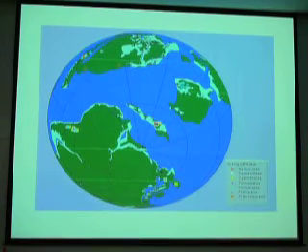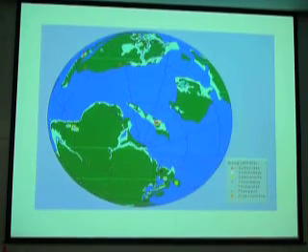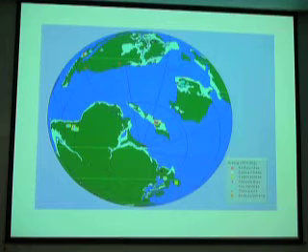Now, I've already told you about Apollonia, this microcontinent, and its movement from Gondwana across this closing Tornquist Sea to engage and meet with Baltica. And this is this microcontinent at one particular time in its movement, the Arenig, which I have particularly worked on, early Ordovician.